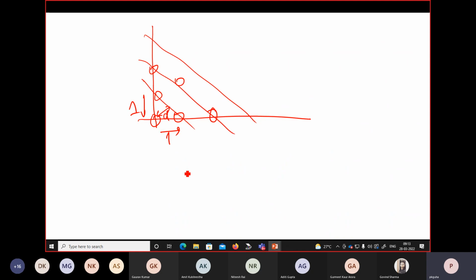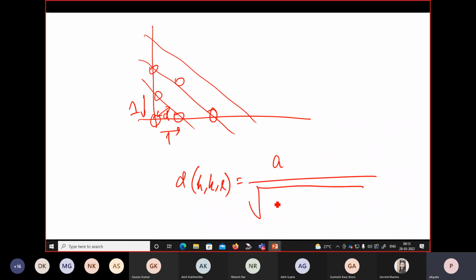Here d we can represent in the form of Miller indices and a. It is possible to show that d will be a over the square root of h square plus k square plus l square. Here h k l are the Miller indices, d is the distance between crystalline planes, and a is the lattice constant.